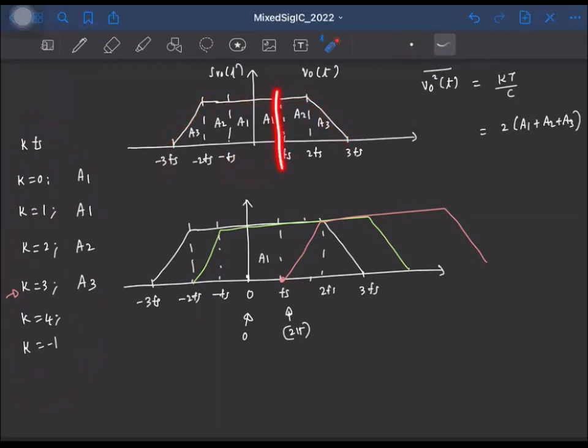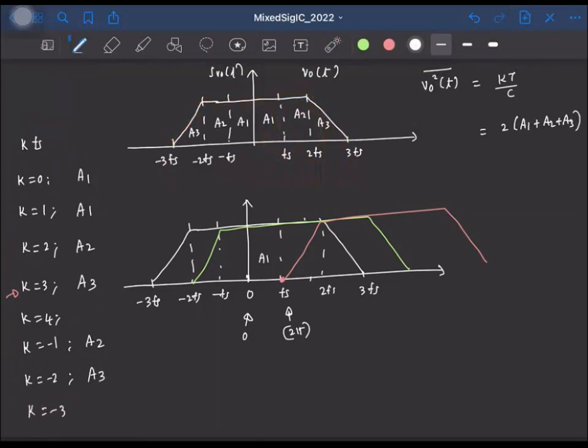So in that case, this portion from Fs to 2Fs, that will get shifted to the left and will add to the area. So we'll have A2 here. So similarly, if you do minus 2, this portion from 2Fs to 3Fs, that will get added here. So we'll have the area A3 getting added, right?